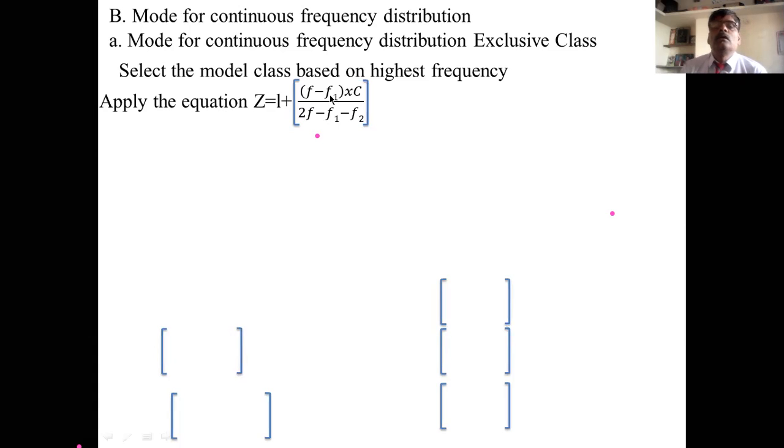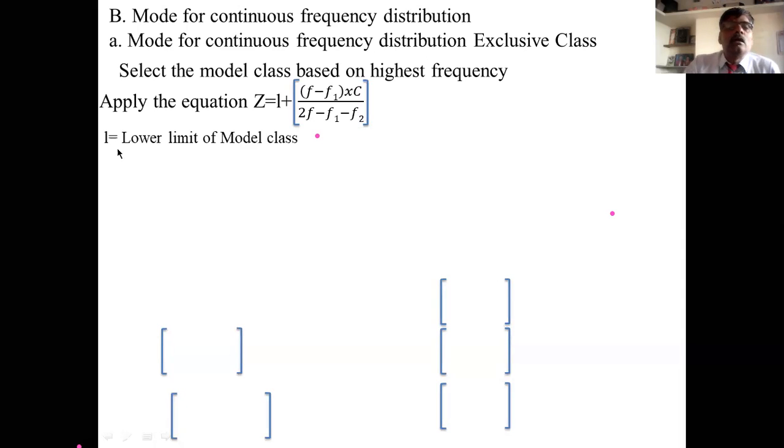F1 means the frequency related to the previous class. C is the class interval. 2F means you multiply the frequency by 2. F2 means the frequency related to the succeeding class, the next class.